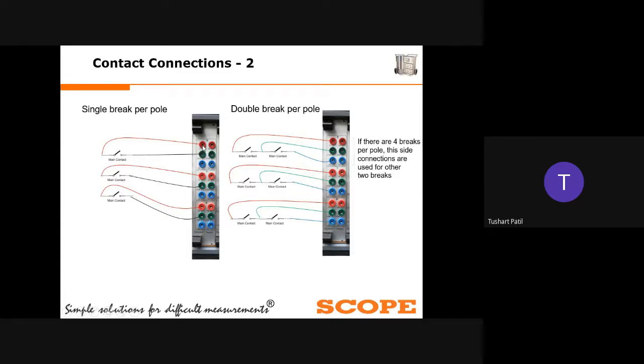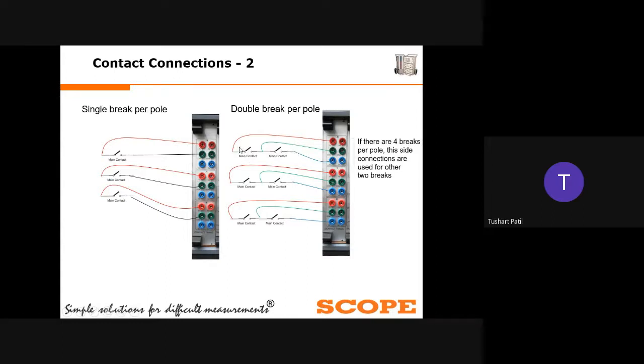The connection is simple: R1 will connect to one side of the contacts, and common will connect to the other side of the contacts. For a double break pole system, R1 will connect to one side of the contacts, common will connect to the middle portion of the breaker, and R2 will connect to the other side of the breaker.